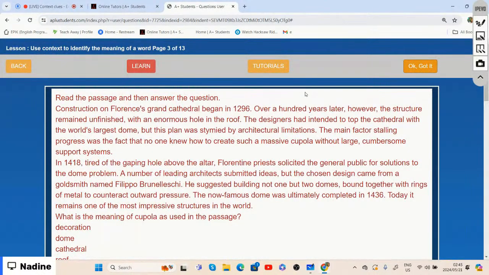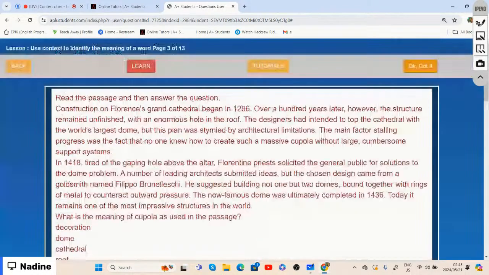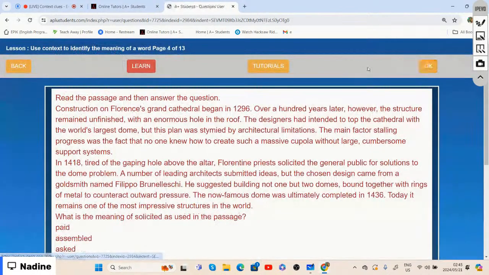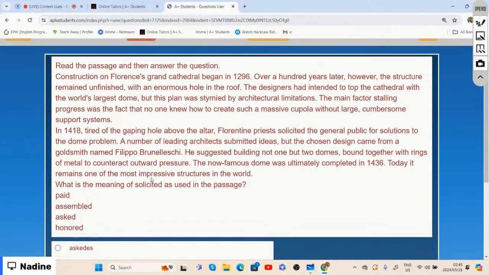If we look at that same sentence, they want to know what is the meaning of solicited. Is it paid, assembled, asked, or honored?